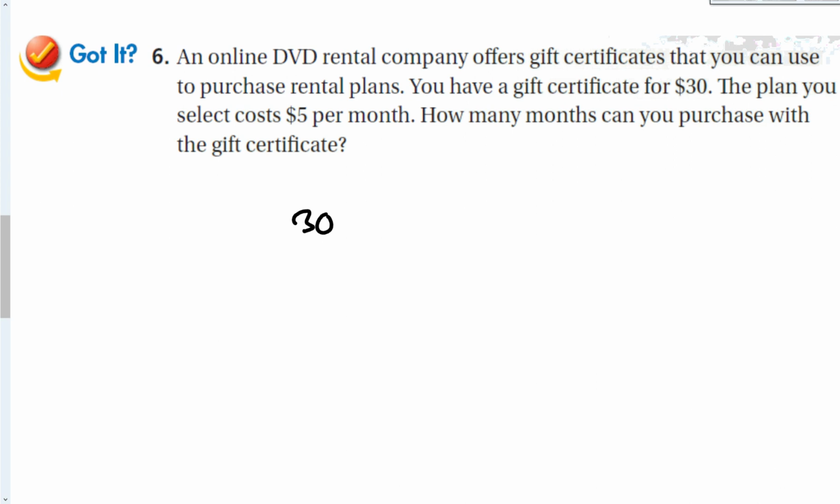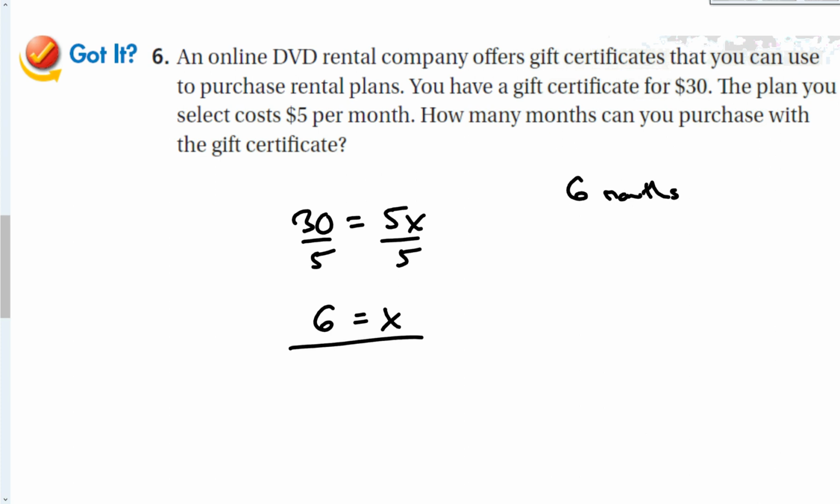The plan you want to select is going to be $5 per month. So we just solve for x, divide both sides by 5, and we get that we have 6. So the answer to the question is 6 months. Don't just leave the answer as 6 is equal to x. Make sure you specify what we're actually trying to solve.